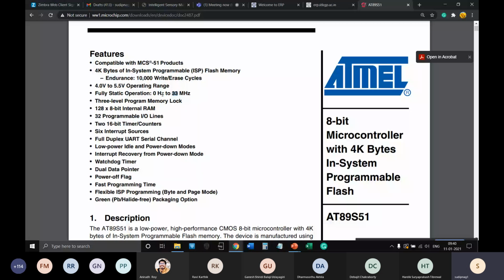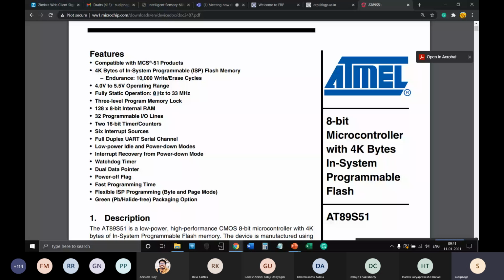So for certain operations, although this is not an ultra low power microcontroller, for low speed operation, it consumes significantly less power. So that is the reason why they go down to a few hertz. You can run it at a very low frequency, like 1 hertz. So it will take several seconds to execute just one single simple instruction.